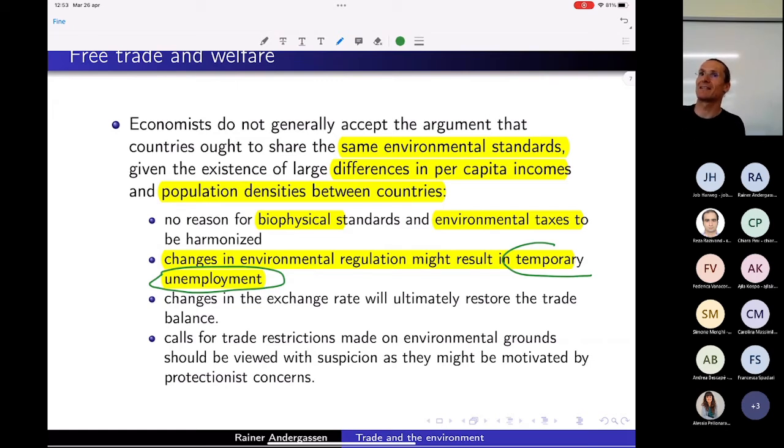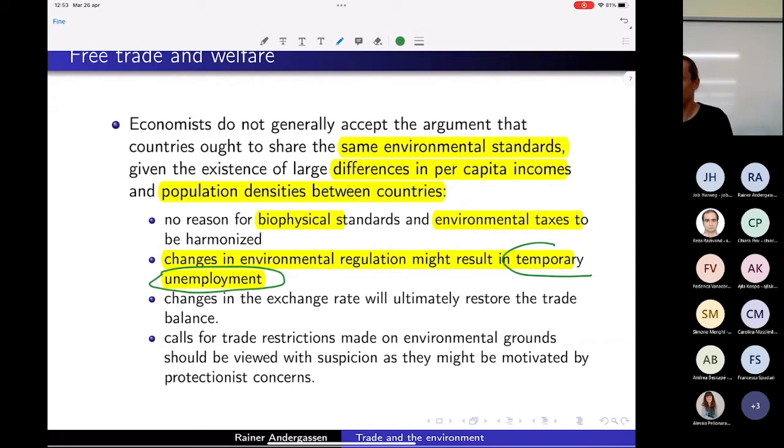International trade means that you're going to import these goods, but in order to have trade balance, you have to export others. So you are importing something, but you're also exporting something. These products need to be produced, and therefore workers just have to be relocated. It's not that you require overall fewer individuals, it's just that they have to be relocated. Is it clear? This is at least a common viewpoint.